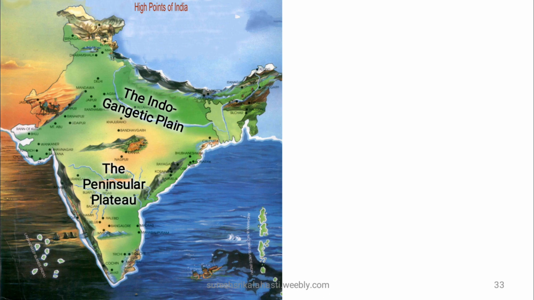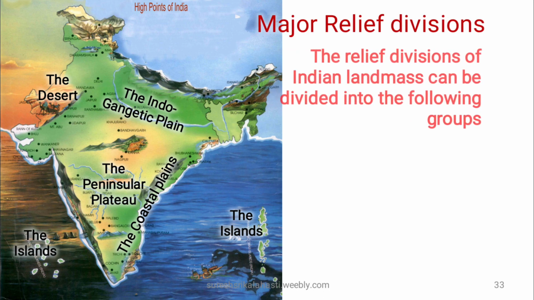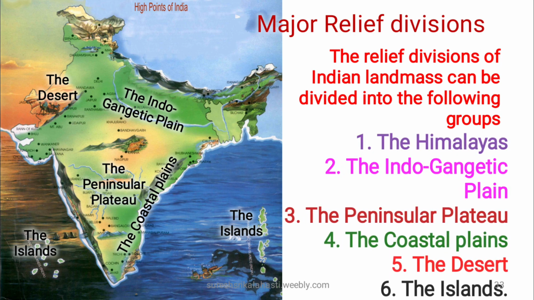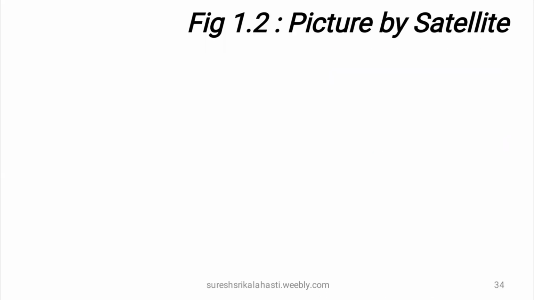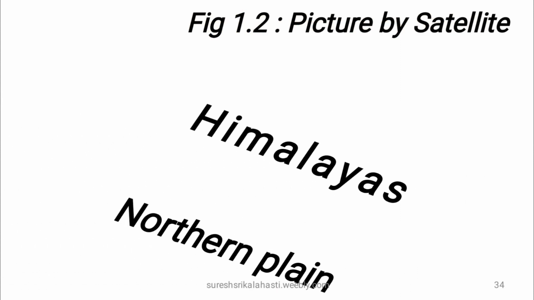This is the Indo-Gangetic Plain, this is the Peninsular Plateau, these are the coastal plains, Thar Desert, and the island groups. So the major relief divisions are 6 categories. We have already discussed that. So here we can see the Himalayas.